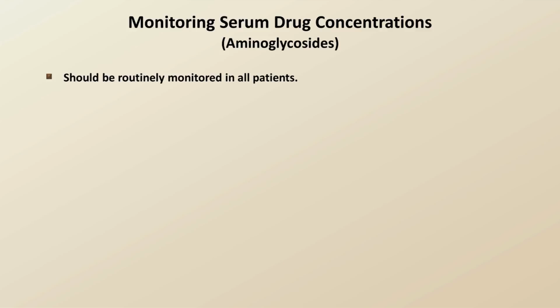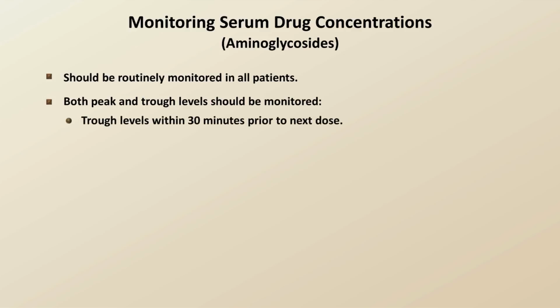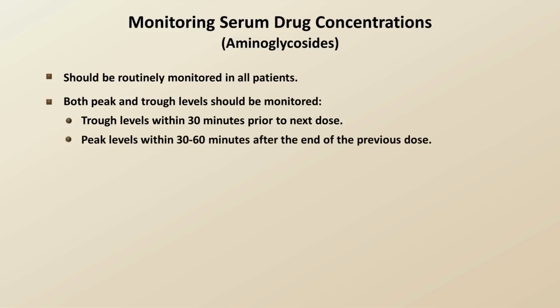Also, the risk of nephrotoxicity and permanent ototoxicity are directly related to both the peak and the trough levels. In other words, the aminoglycosides have a narrow therapeutic index. Therefore, both the peak and trough level should be monitored, with the trough level within 30 minutes prior to the next expected dose, and the peak level within 30 to 60 minutes after the end of the previous dose.